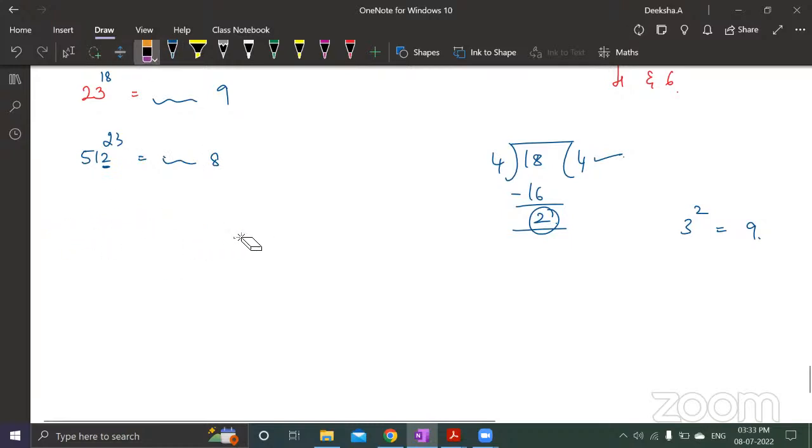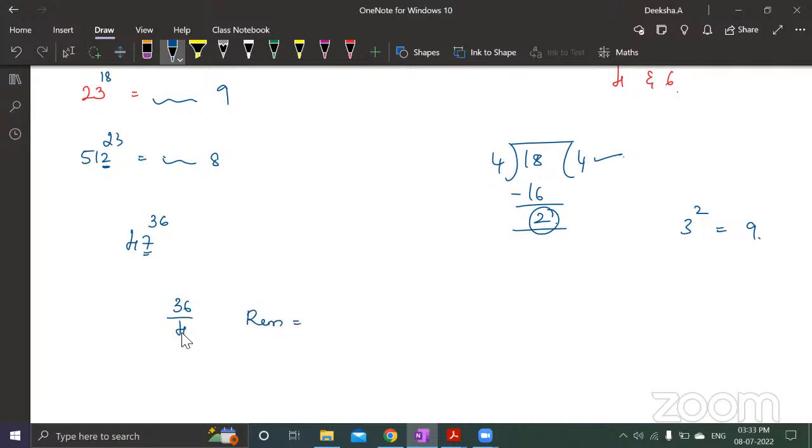Is this clear, everybody? Is it confusing? If you have a number 47 to the power 36. Now, this is number 7. 7 has 4 different last digits. So divide 36 by 4 and write down the remainder.